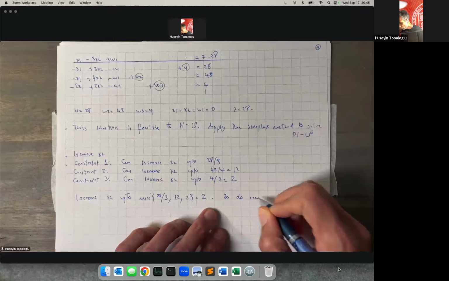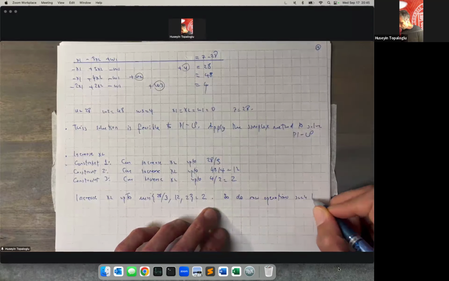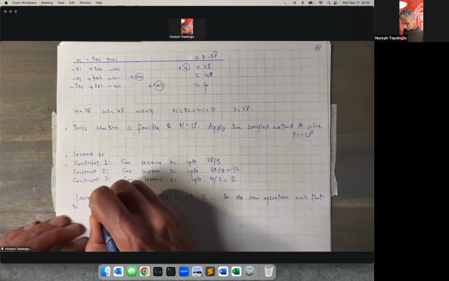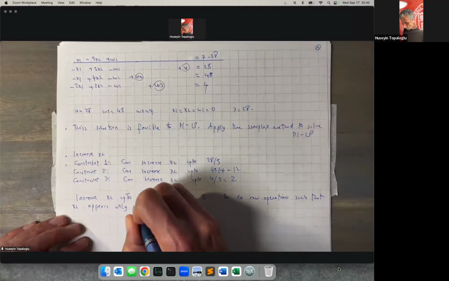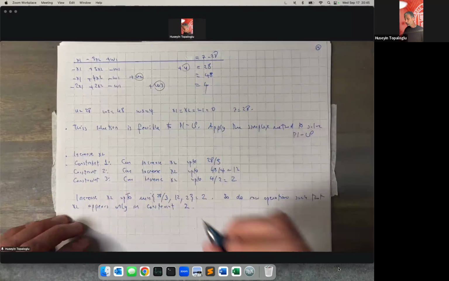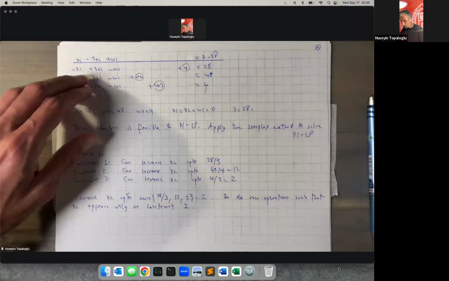So do row operations such that x2 appears only in constraint 3, with a coefficient of 1, and nowhere else. Let's do those row operations.